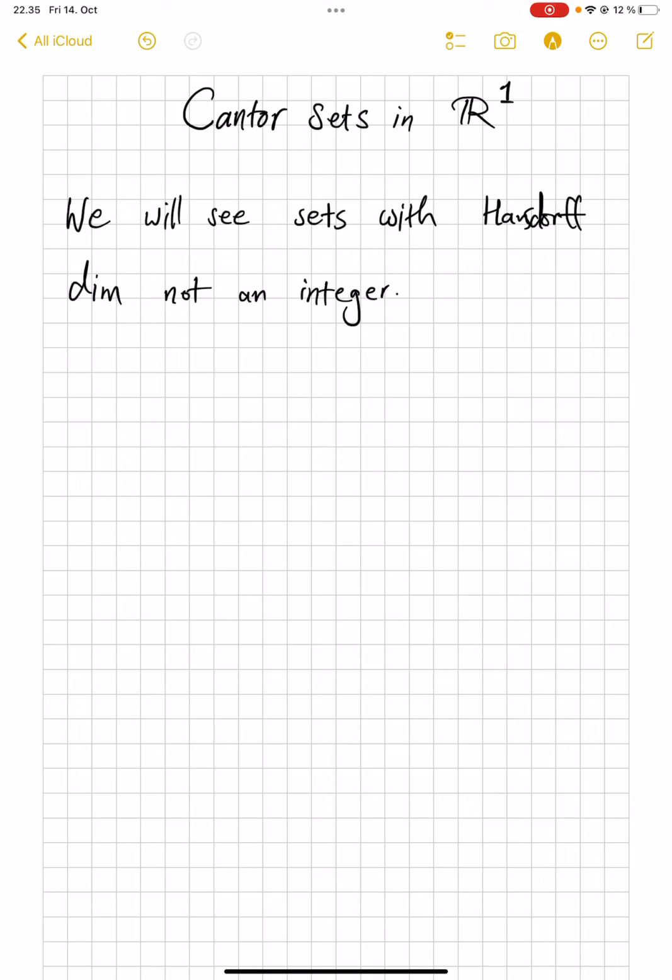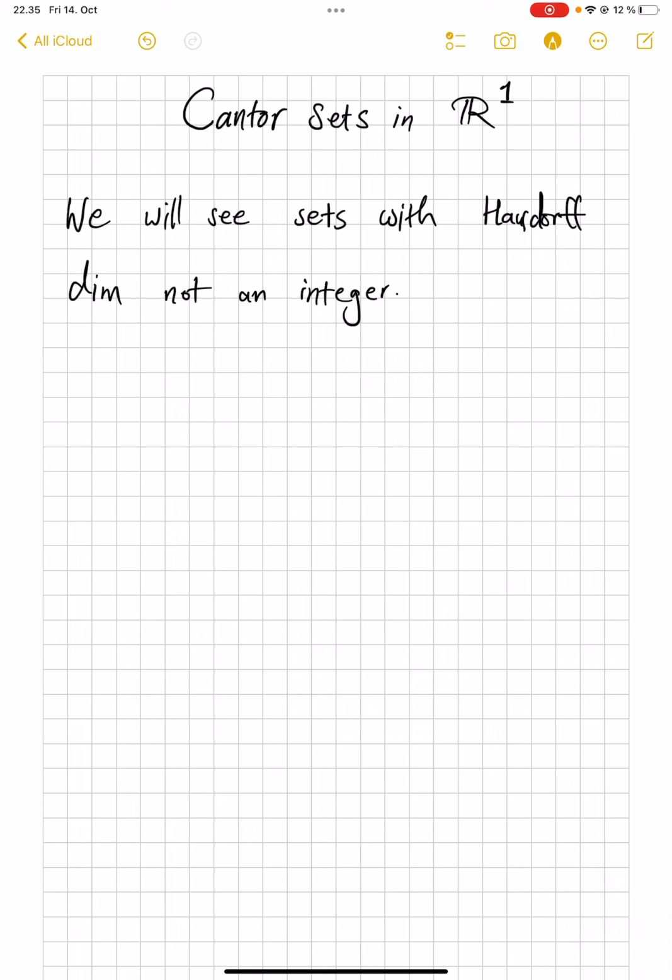So of course we are familiar with a collection of points being zero-dimensional, a line segment, or just any connected subset of R1 has Hausdorff dimension 1. There's then the plane, and the manifolds have also integer dimensions, but maybe this will be the first time you ever see a set whose Hausdorff dimension is not a natural number.